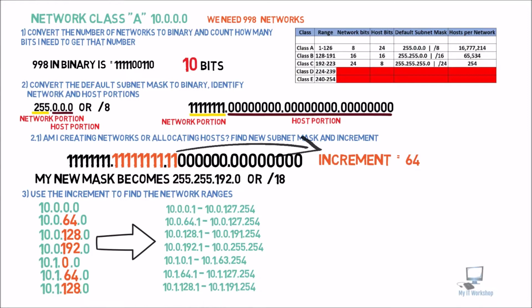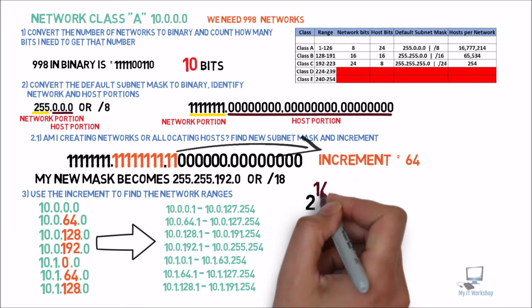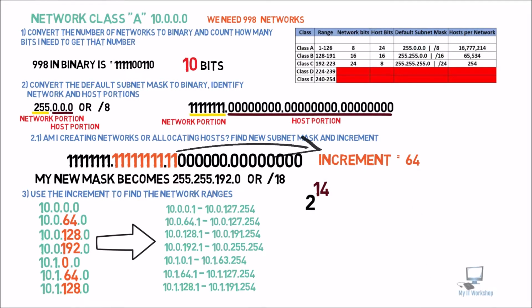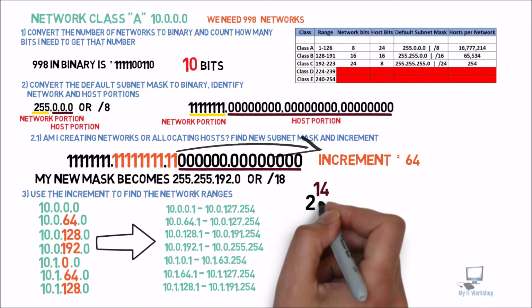as always, we are going to calculate how many hosts we are going to have per network. So we go to our 2 to the power of 14, because those are the host portion. We have 14 zeros after our reservation, minus 2.